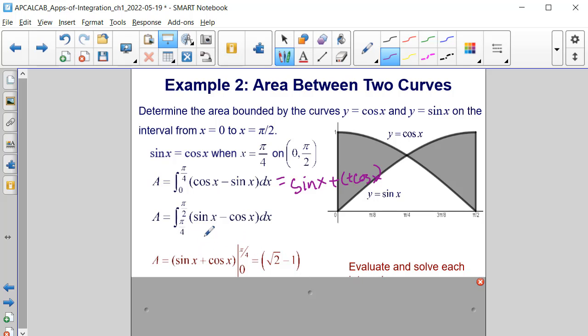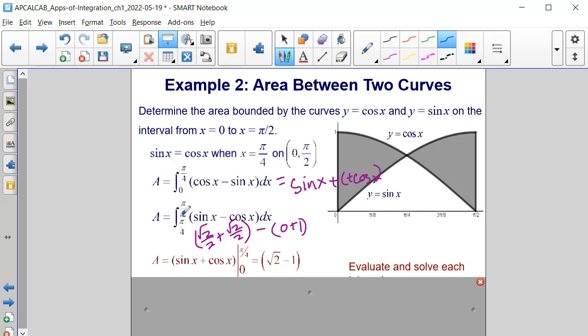Well, the sine of pi over 4 is square root of 2 over 2, plus the cosine of pi over 4 is square root of 2 over 2. And from that, we are going to subtract the sine of 0 is 0, plus the cosine of 0 is 1. So we have square root of 2 minus 1 as the area for the first one.